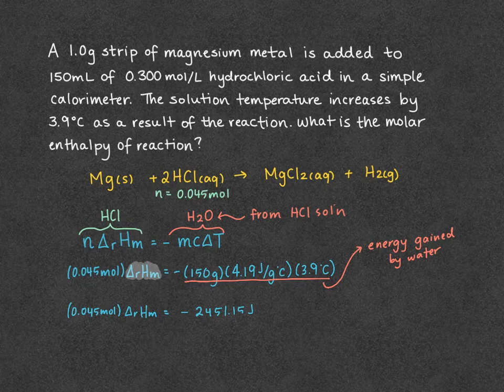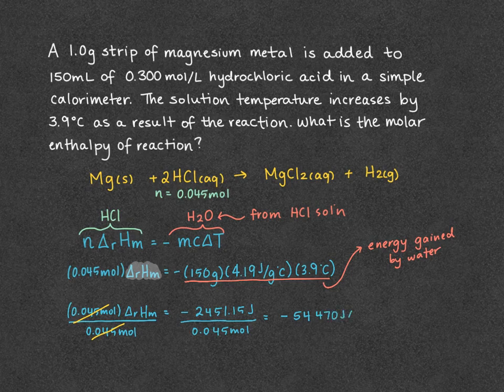We want to figure out the energy that was given off per mole of our reactant, so we're going to divide both sides of our equation by the number of moles of HCl that actually reacted. Our moles will cancel on the left, and we get a molar enthalpy of negative 54,470 joules per mole. That's joules per mole of HCl.